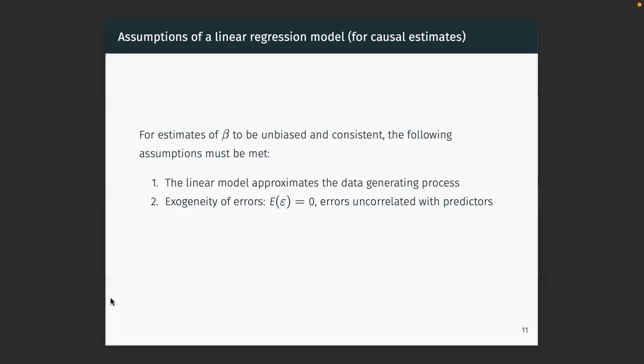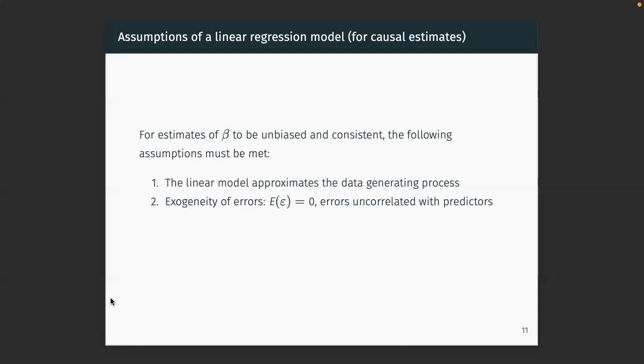So exogenous errors means that on average, our errors are equal to 0. But what this means in practice is that our errors are not correlated with the predictors in the model. That is, the magnitude of our error does not depend on any model predictor. We'll see what this means in a second, and I'll show you some examples of endogenous errors.